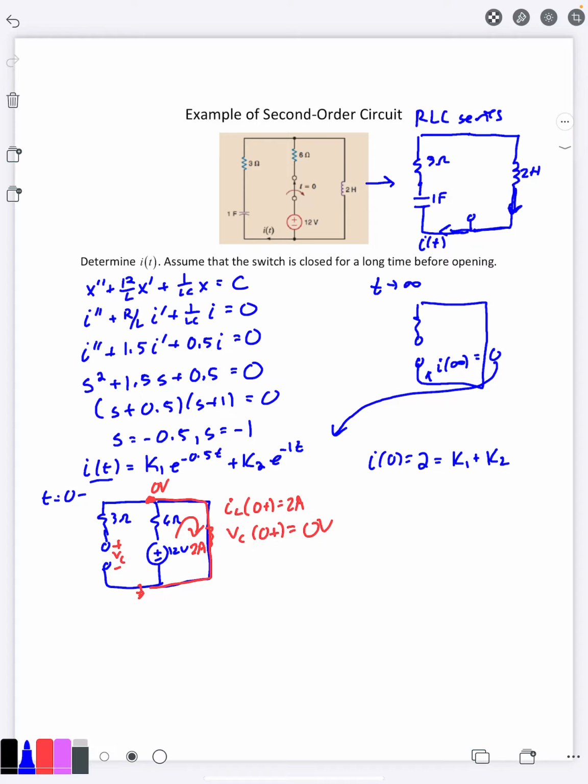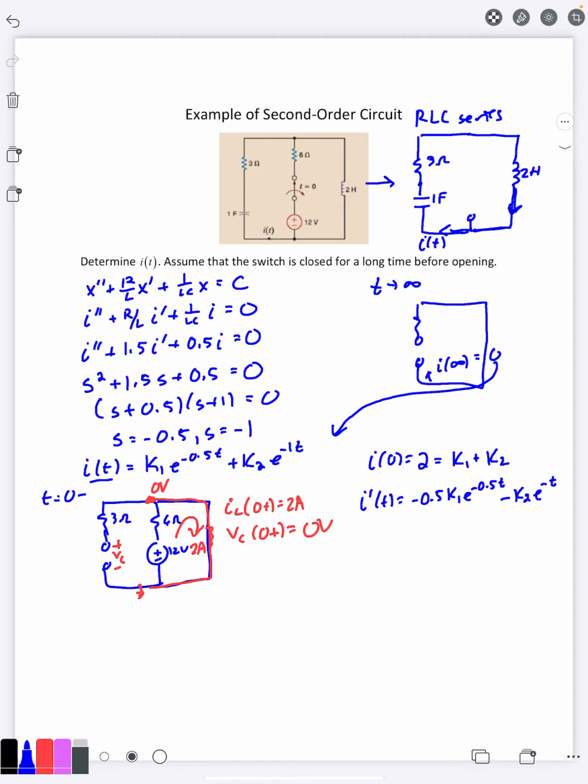Now we need to take a derivative, try to figure things out. So let's take the derivative of I here. So I prime of t is negative 0.5 K1 e to the negative 0.5t minus K2 e to the negative t.